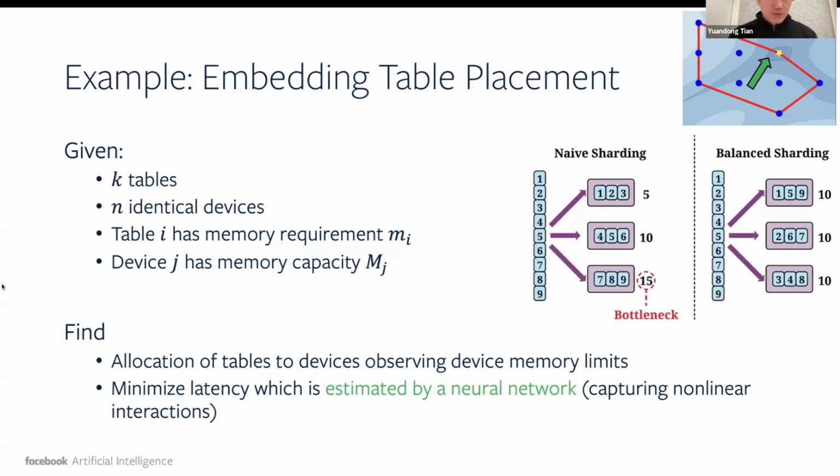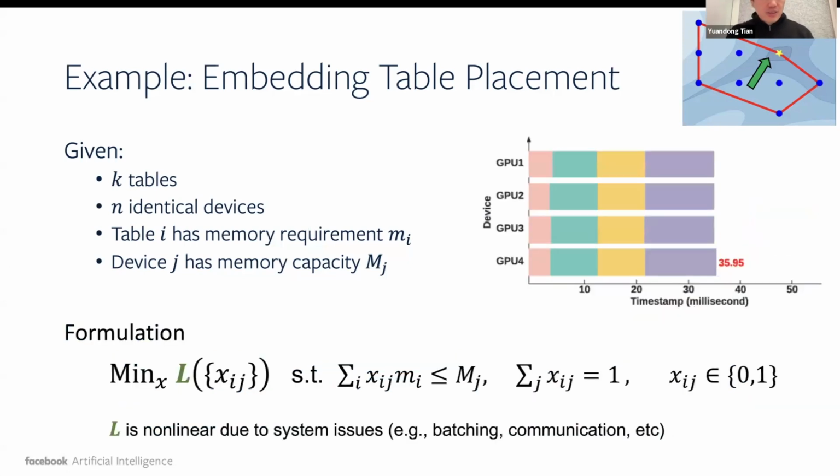At the same time, you want to minimize latency, which is estimated by a neural network. That's basically the problem. Then you can formulate it as a minimization problem, minimizing latency subject to these constraints. Here x_ij is a binary variable.